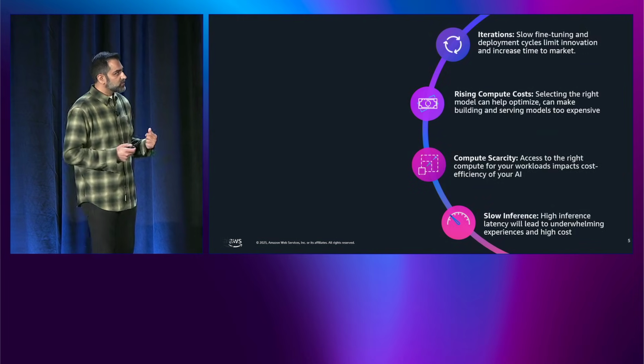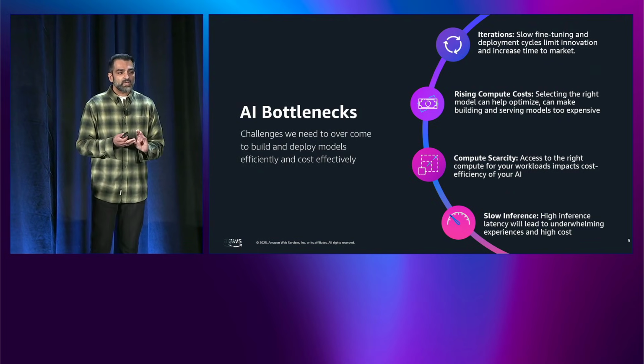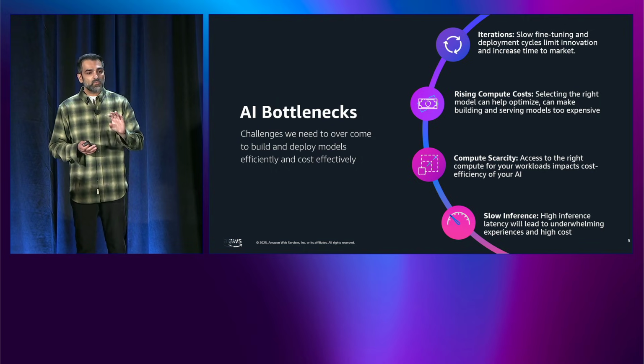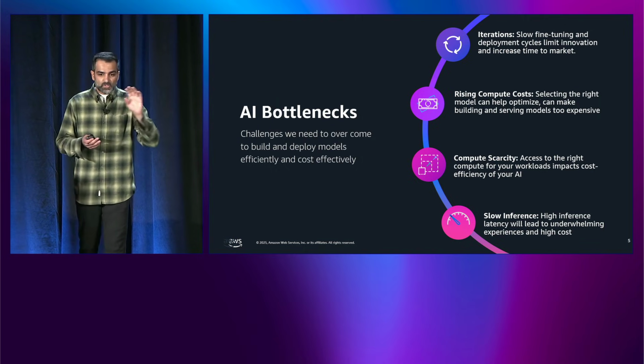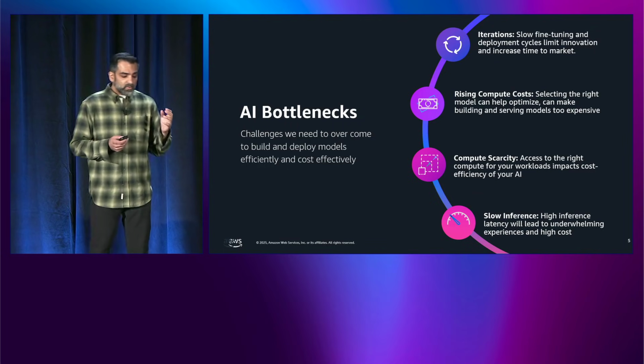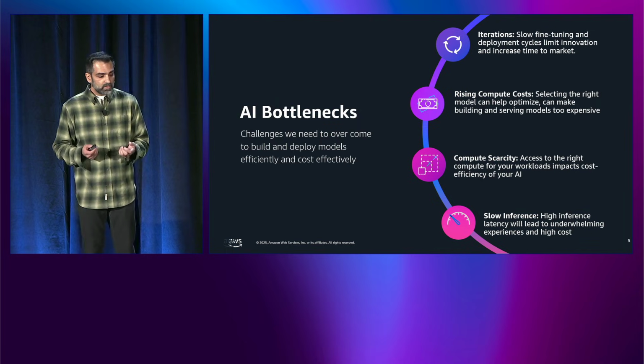So when we take our AI bottlenecks out of this, we want to be able to iterate quickly on the front part of our model lifecycle, which is choosing the right model, typically being able to leverage a lot of the resources out in the open source community to do this.